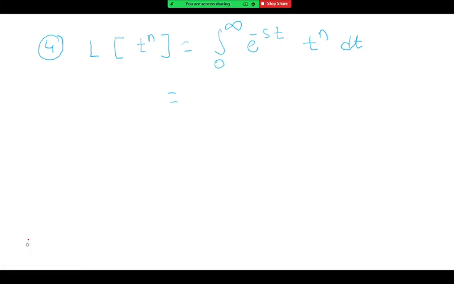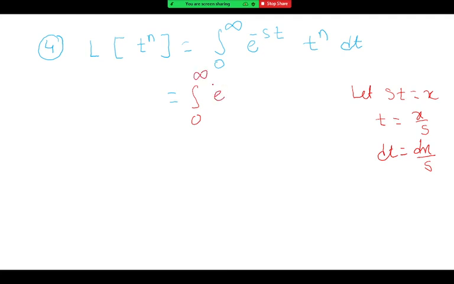Okay. So if you want substitution, you should start with let st equal to x. If st is x, this t becomes x by s, and dt becomes dx by s. You will observe the limits remain unchanged, because when t is 0, x is 0, and when t is infinity, x is infinity.